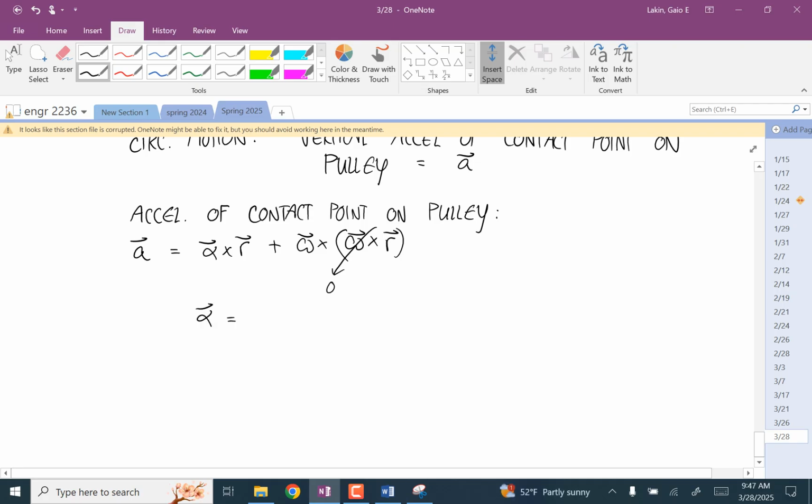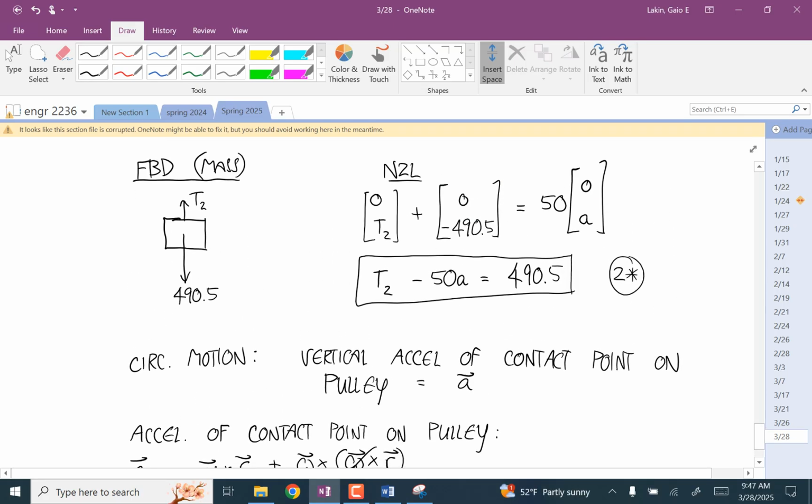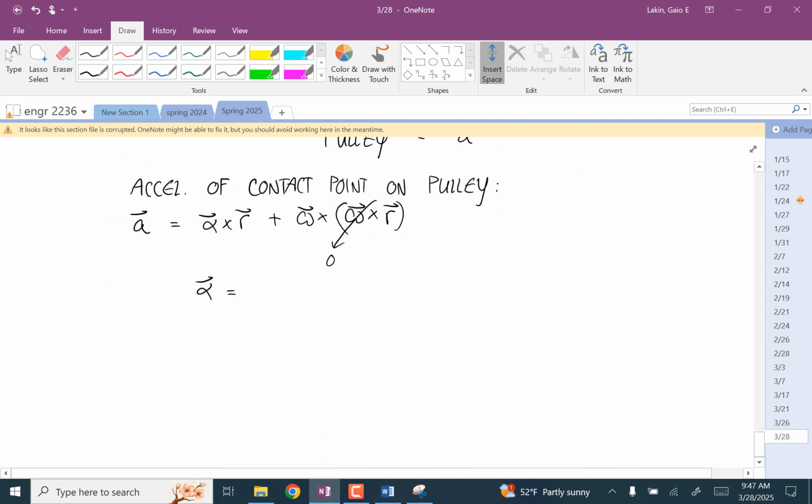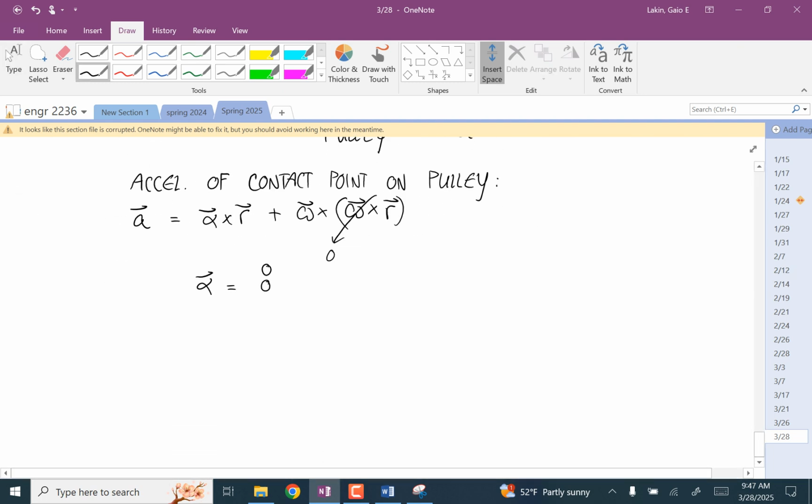Alpha, we already have an expression for alpha, so this is 0, 0, alpha. And the r vector goes from the center of the circular motion to the point we care about. So that is positive 0.1, 0, 0.